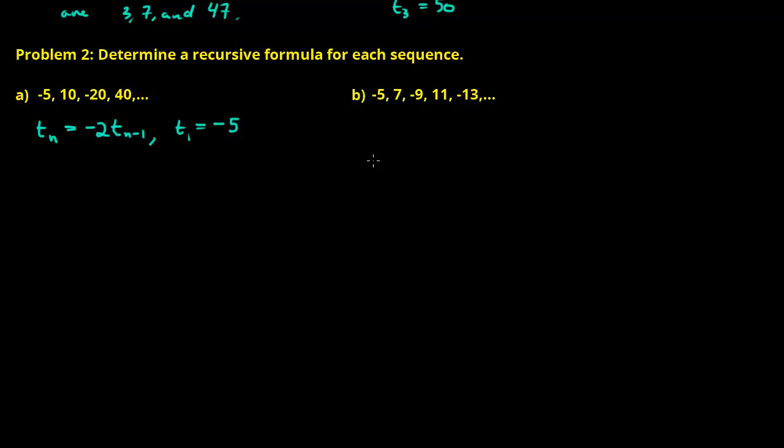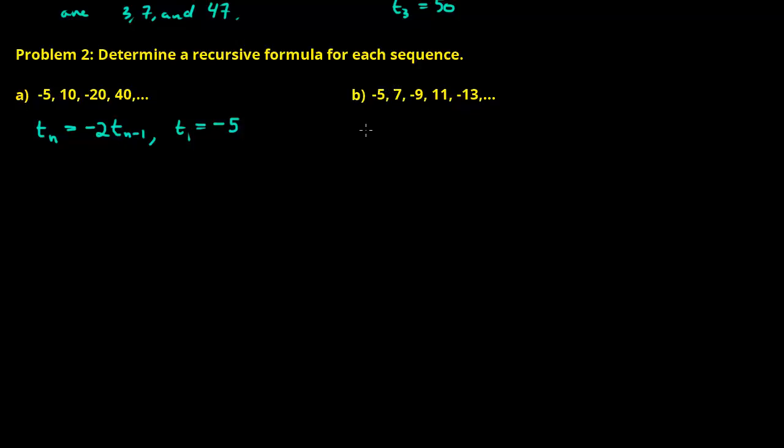In the next sequence, let's see, we've got something that's a little bit more difficult. We've got -5, 7, -9, 11, -13. Well, let's see what's happening here. Okay, so it seems like each term is the magnitude of the previous term increased by 2.